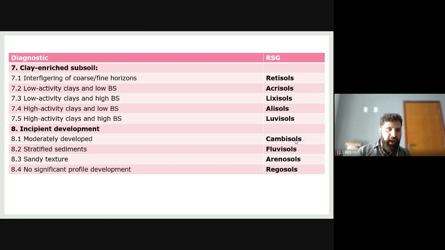If we have a high number of cracks or a low number of cracks, if those cracks are huge, large, or very thin, or we can't even see these cracks, they are related to low activity clays.